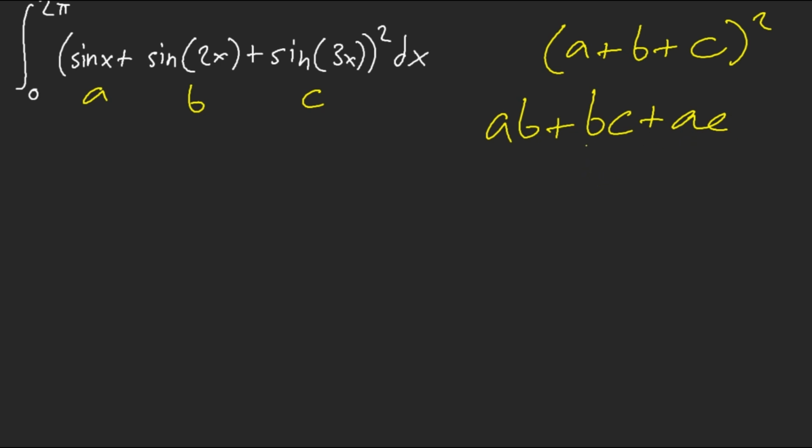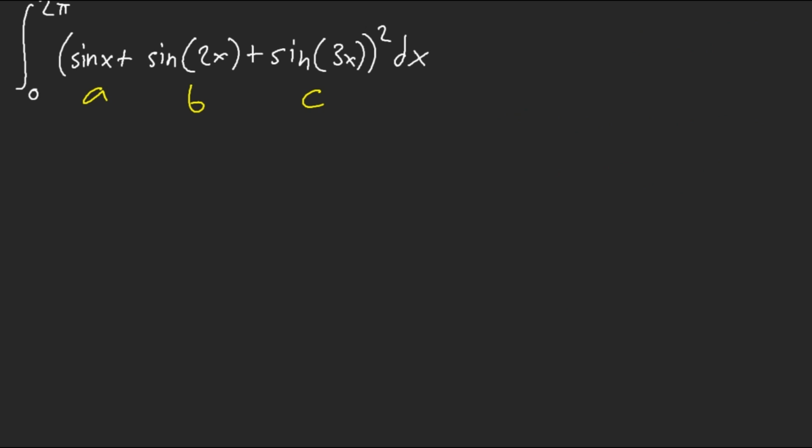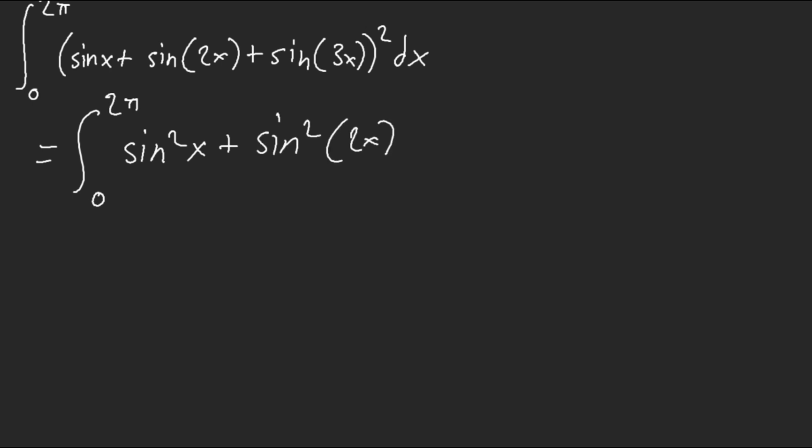Because these terms have different coefficients, all of them are going to be 0, right? Except for what terms though? The only terms that won't be 0 are a squared plus b squared plus c squared. So those are the only terms that will not be 0 by periodicity. Because of that, this is technically the same integral as from 0 to 2 pi of sine square x plus sine square of 2x plus sine square of 3x.